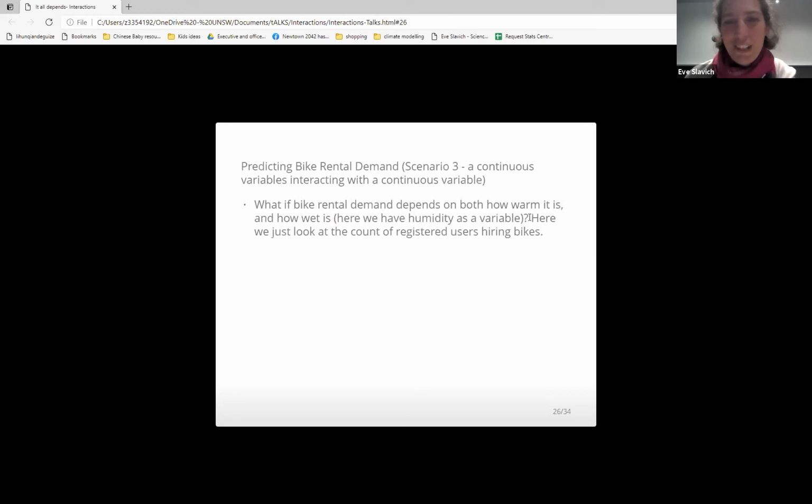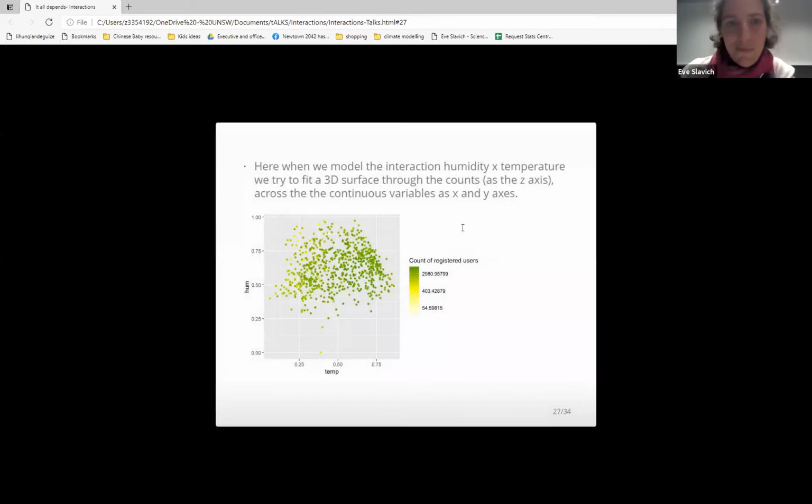but I'm asking, like, what if the bike rental demand depends on both how warm it is and how wet it is? Because there was a variable in the data set called humidity. And so here we just look at the count of registered users hiring bikes to keep it simple.